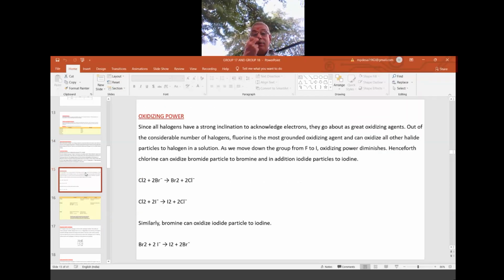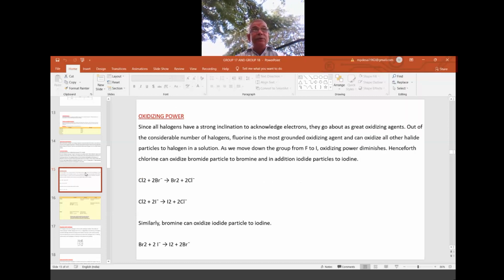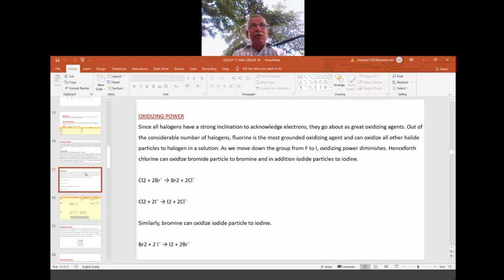Oxidizing power. The one which loses electron is a reducing agent, and the one which is accepting electron is an oxidizing agent. Redox reaction, in the 11th class. Extreme left side, they are the electron donors, so they are the reducing agents, and extreme right side, they are the electron acceptors, so they are the oxidizing agents.